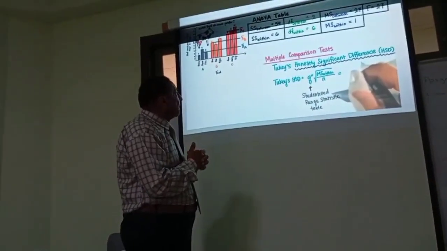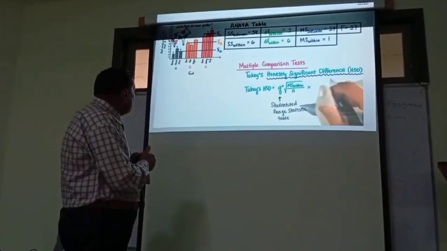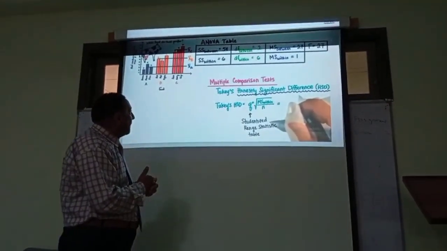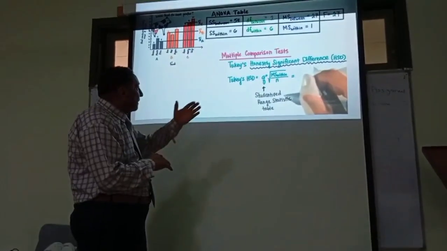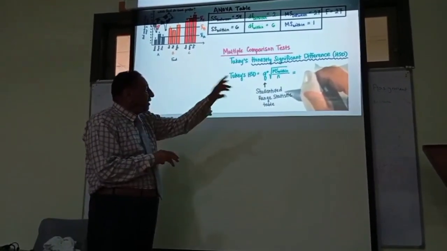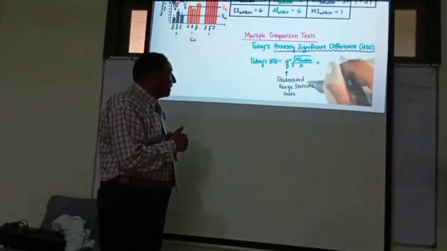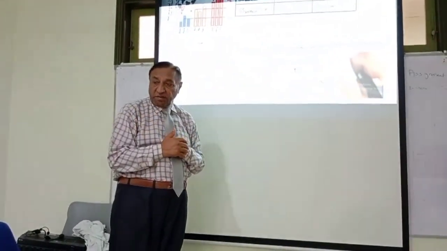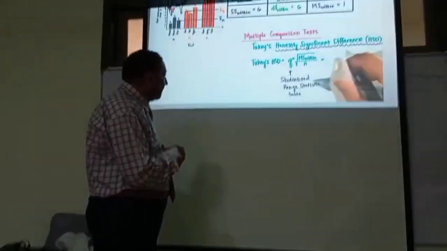You can see how the data is spread and entered into the table, and the multiple comparisons are made. You can also see the word HSD, which means Tukey's honestly significant difference. So if it is HSD, then in biostatistics or statistics, this is important. Next, please.